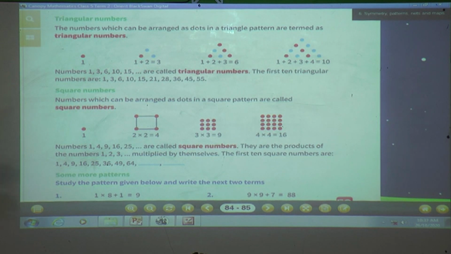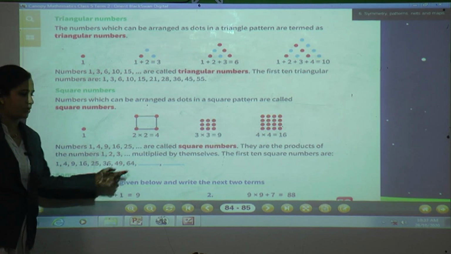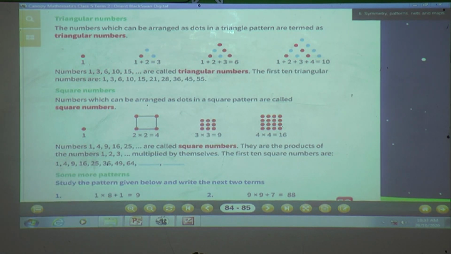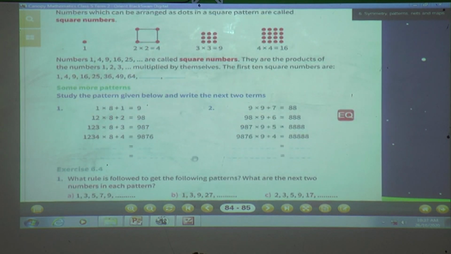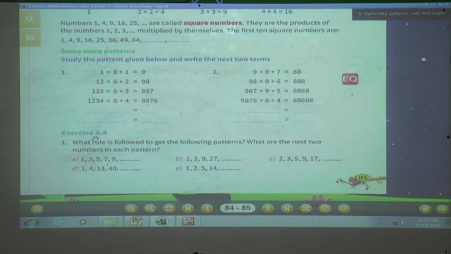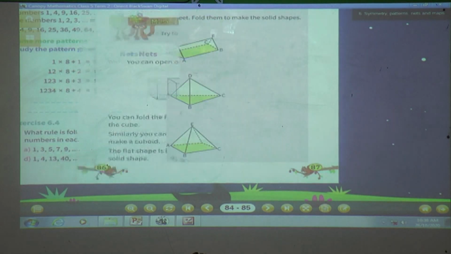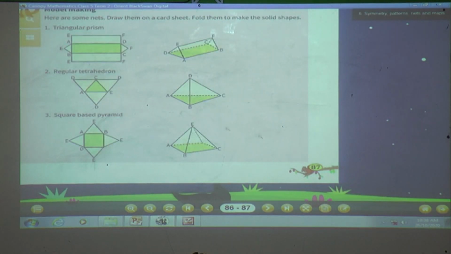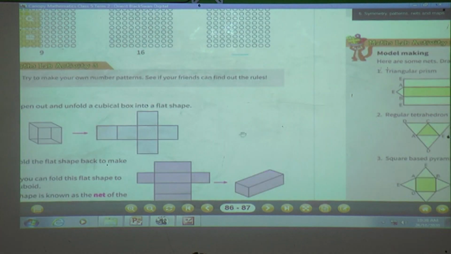Now here they have given some more patterns, you can see. And here exercise 6.4, we need to write the next two patterns. Now, students, next page number 86.